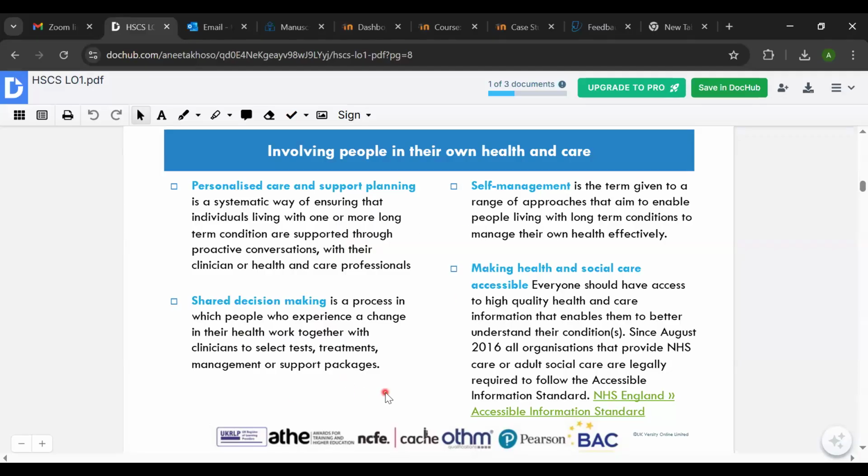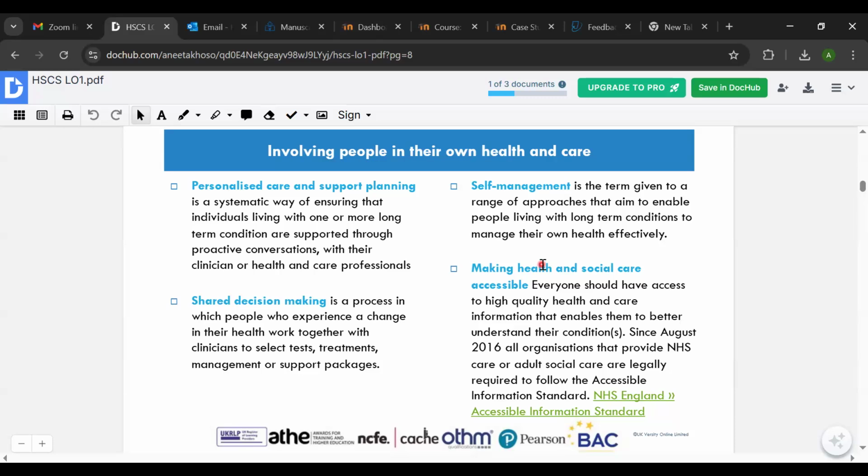So it's a process in which people who experience a change in their health work together with clinicians to select tests, treatments, and management or support packages. And then there's self-management. It's a term given to the range of approaches that aim to enable people living with long-term conditions to manage their own health effectively.